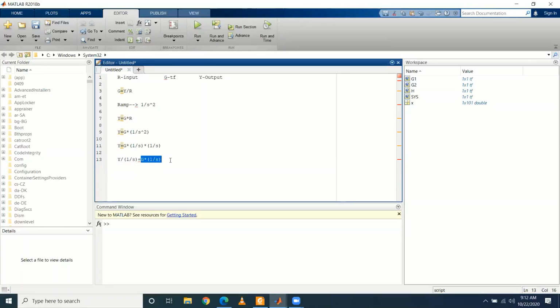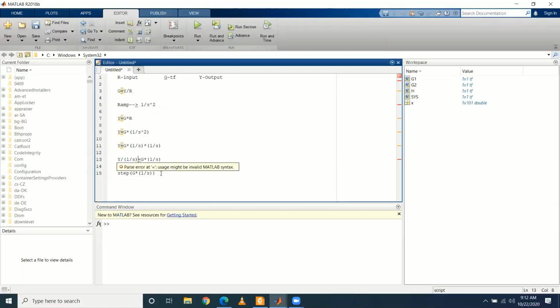Basically, if we now use step on G multiplied by 1 by S, will it not give us the step response? Because on the left hand side, we have output divided by input, which is the transfer function formula, and the input is 1 by S, which is basically a step function, right?